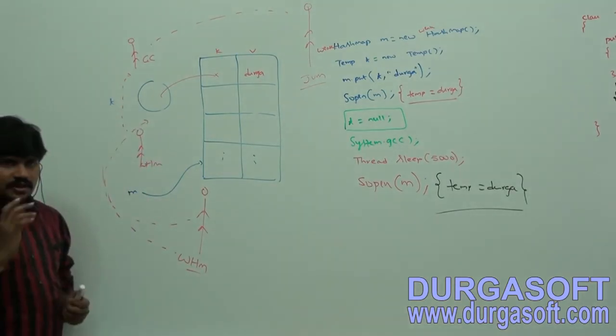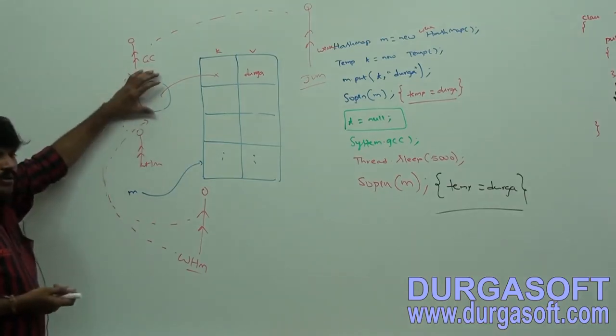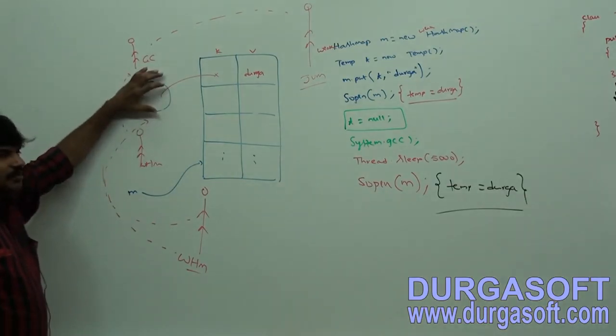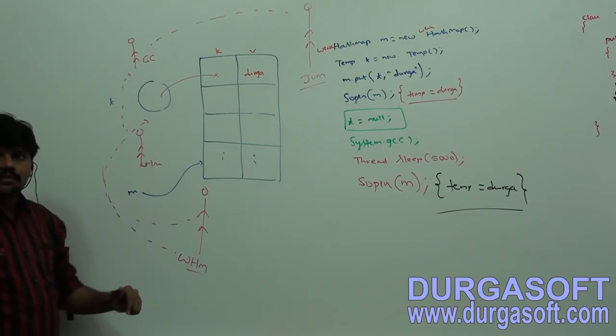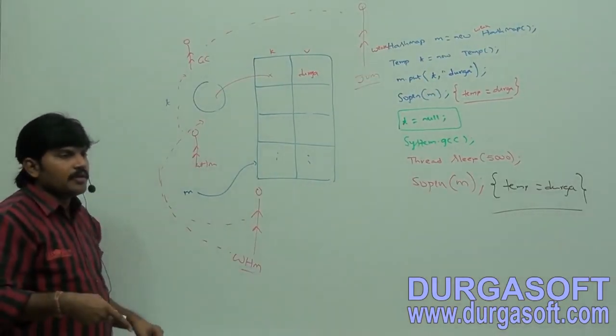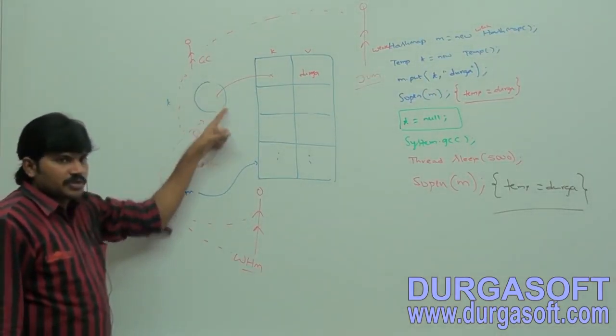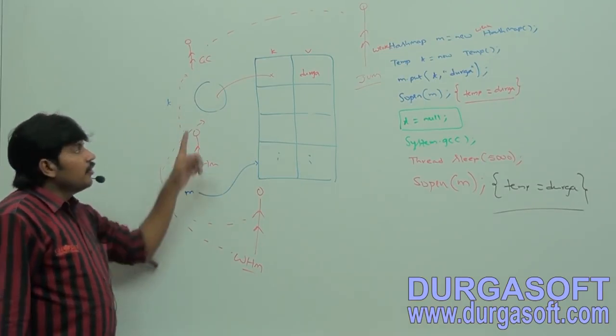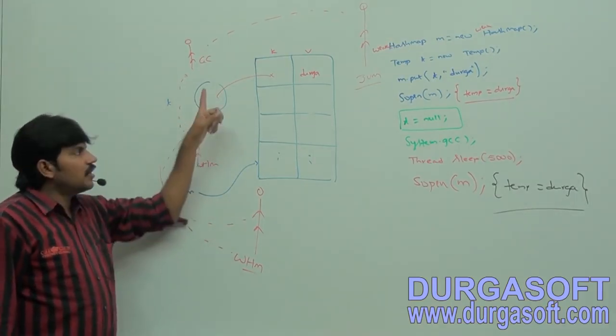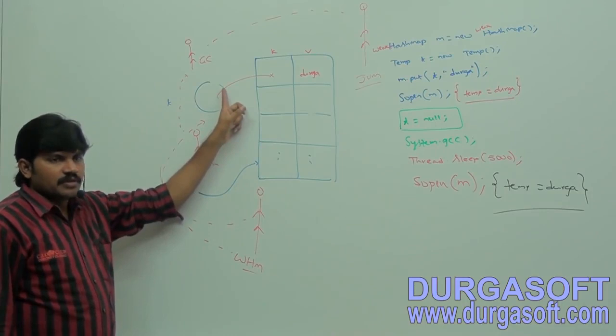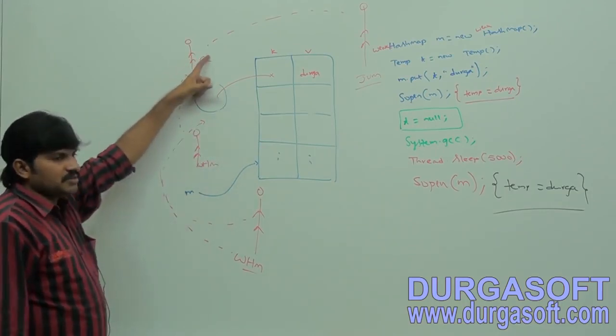Object, why are you crying? Then the object told it: the garbage collector came and it starts destroying, it will destroy me. The WeakHashMap asked, where is the garbage collector? Then the object showed that the garbage collector is here.